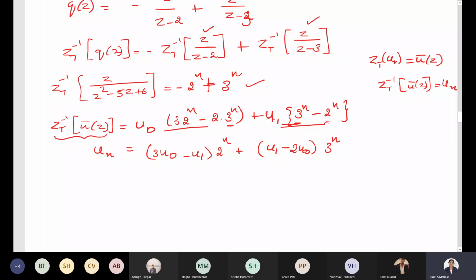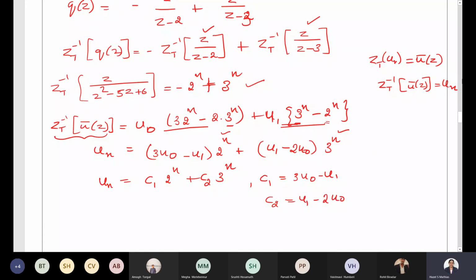Is it okay? What have I done? I have taken the coefficient of 2 power n and the coefficient of 3 power n. So I can write un as c1 into 2 power n plus c2 into 3 power n, where c1 is 3 u0 minus u1 and c2 is u1 minus 2 u0.